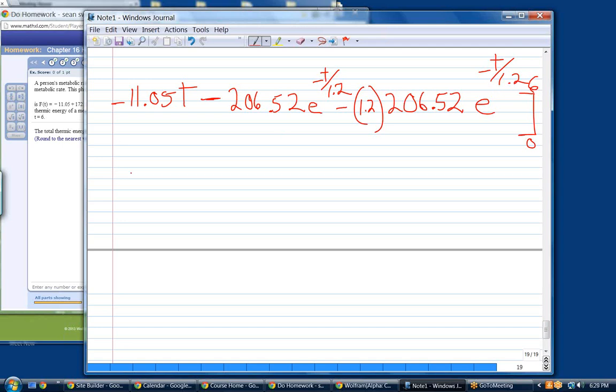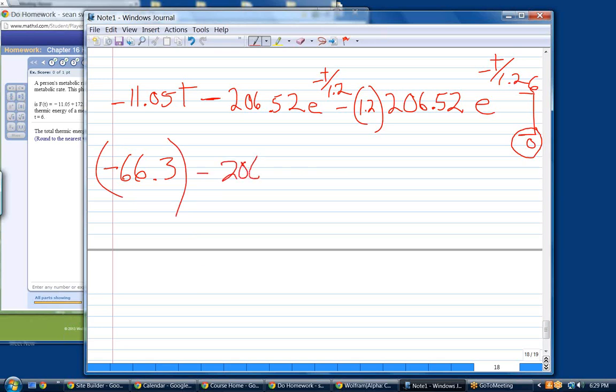All right, let's do it. You'll notice the second part of the evaluation where we have to substitute 0 will be quite easy. It'll make most of these things go to 1. Most of these exponential functions will go to 1. So let's start with evaluating it at 6. Okay. Makes this 66.3. I'm just going to write the whole thing out because it's easier. Well, I agree.